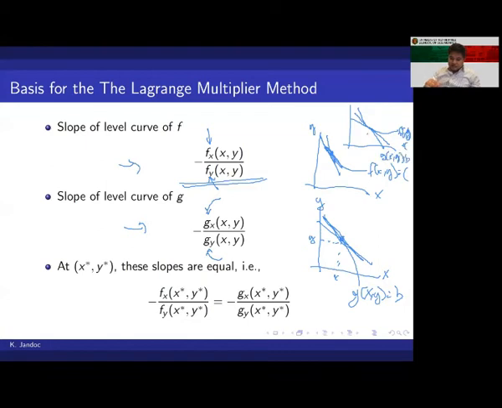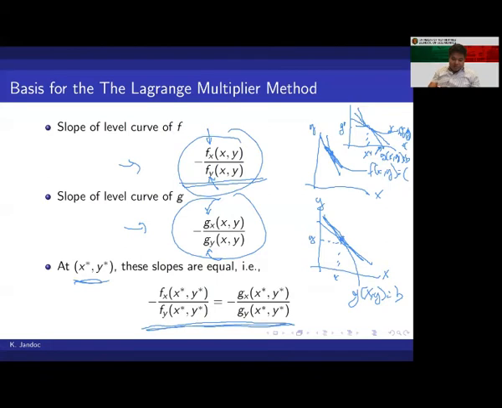So at x star, y star, the slopes of the level curve defined by f and the level curve defined by g are equal. Therefore, at x star, y star, this slope is equal to this slope, or this expression over here. This is true at the point x star, y star.